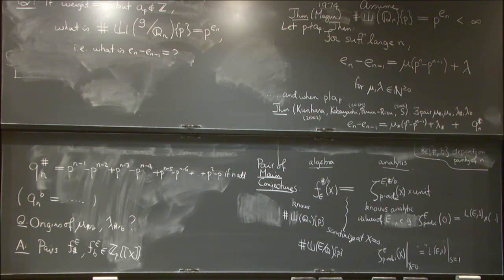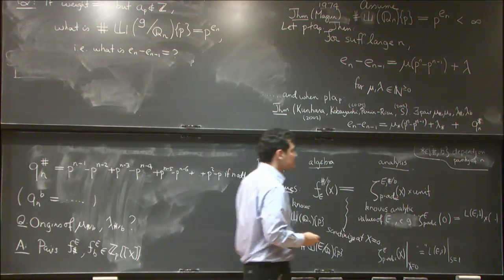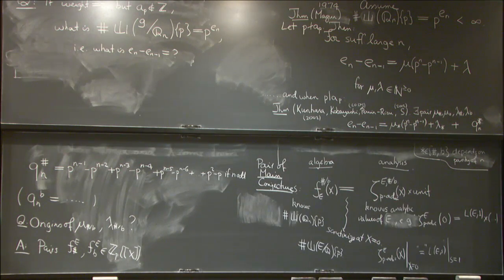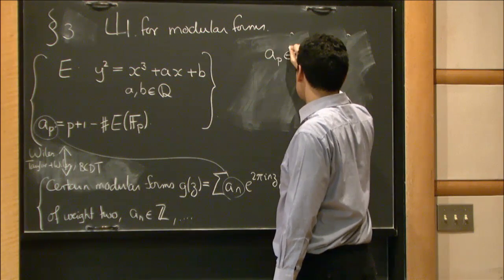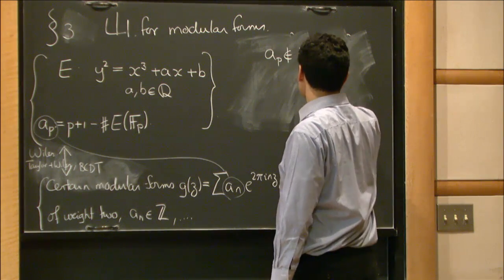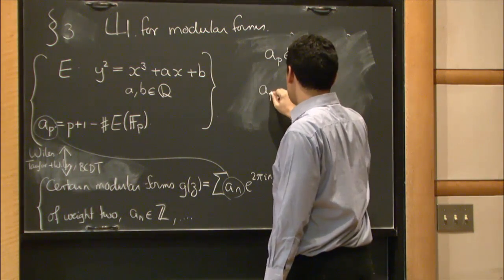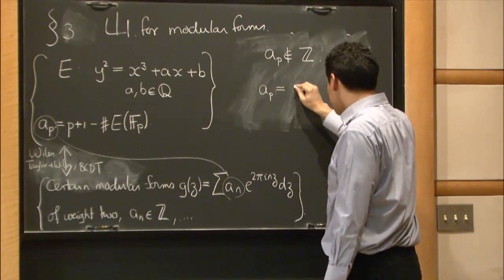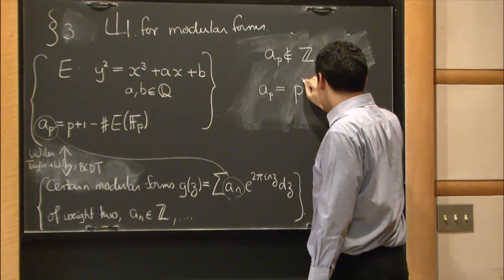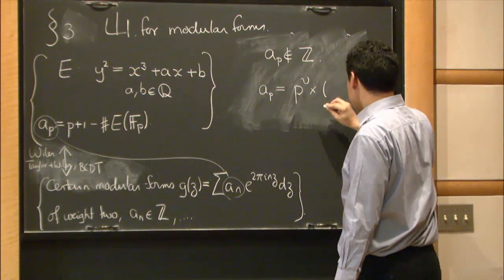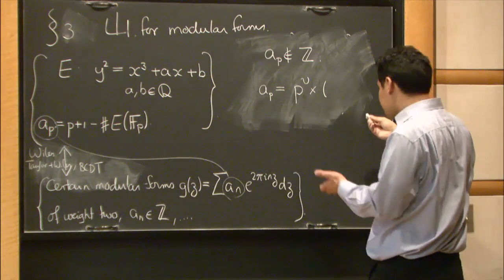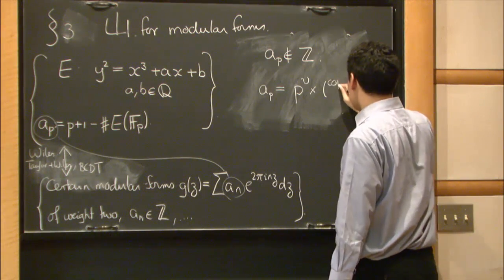So let's rewrite A_P, which is now not necessarily an integer. You can write this as a power of a prime: write it as p to the v times some algebraic integer that's coprime to p.